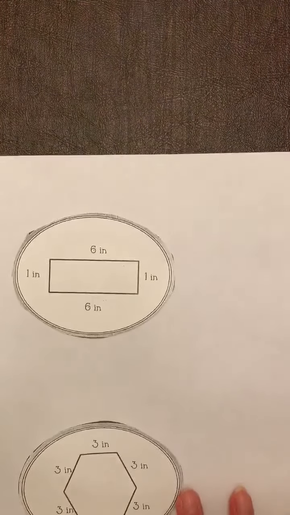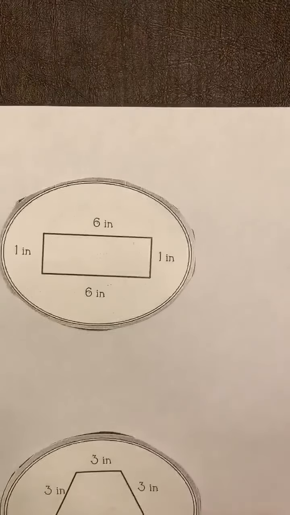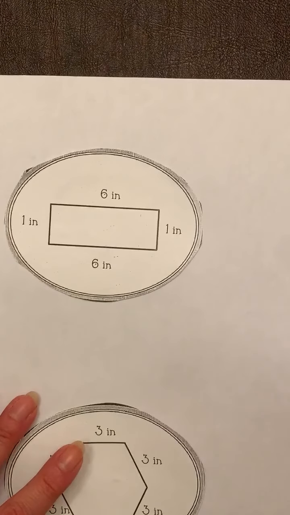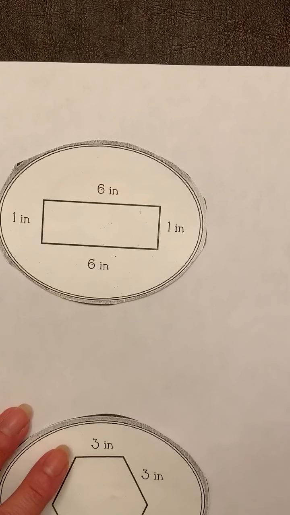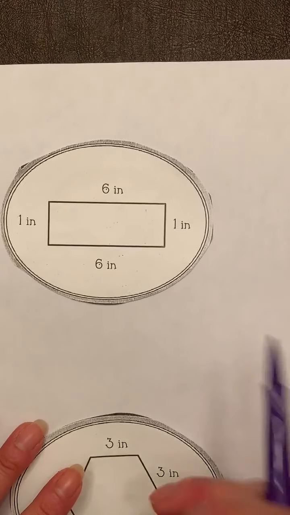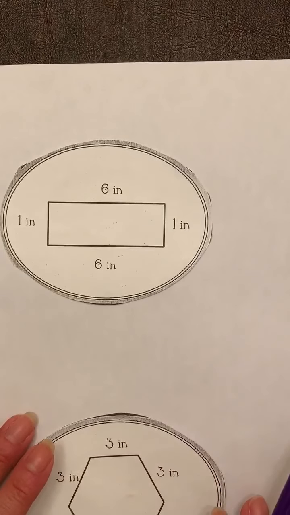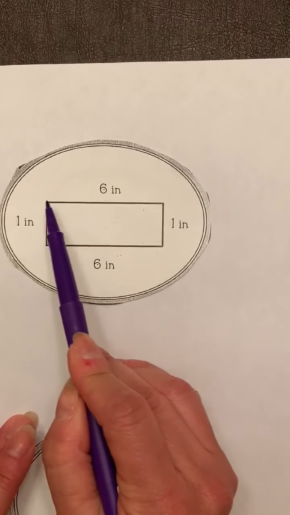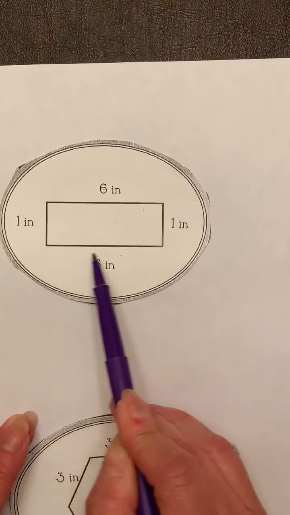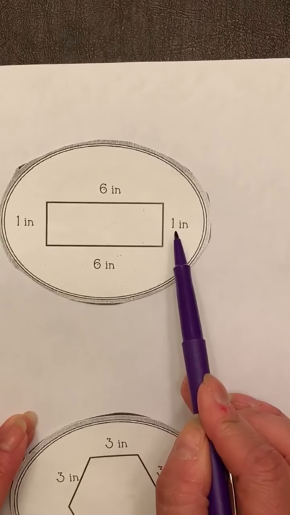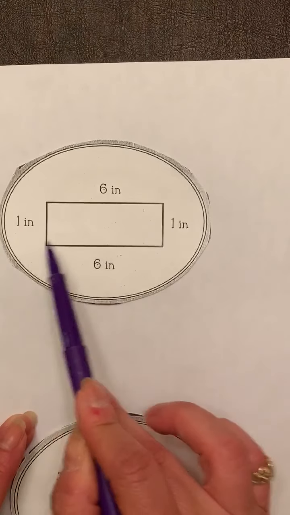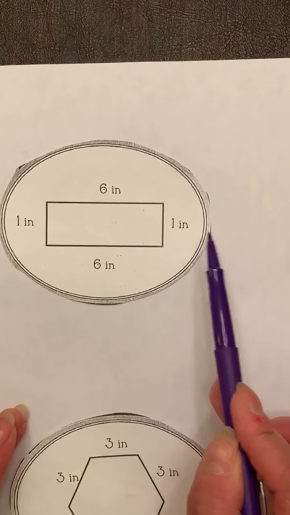Look at this rectangle. It also has 4 different numbers that we see. And when we look at it, we see that the rectangle has 2 6s and 2 1s. Why is that? Well, that's because we know that a rectangle has 2 long sides and 2 short sides that are equal.